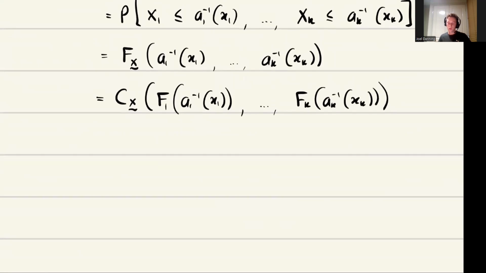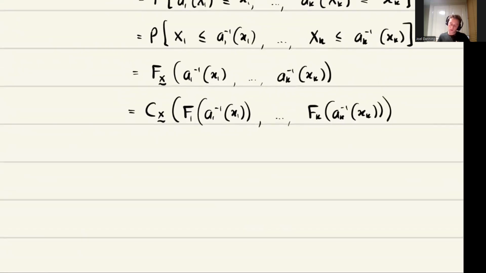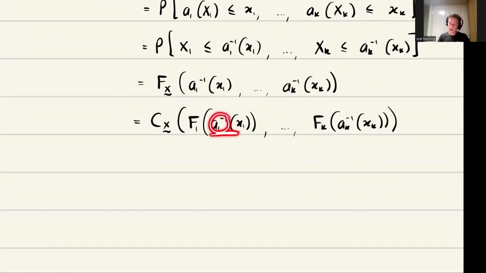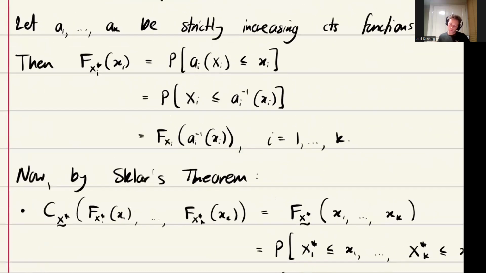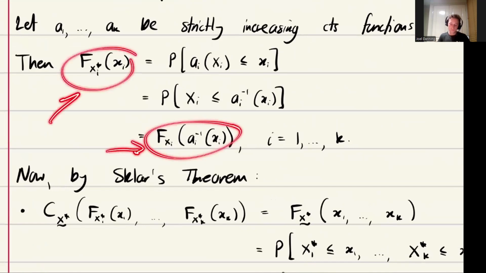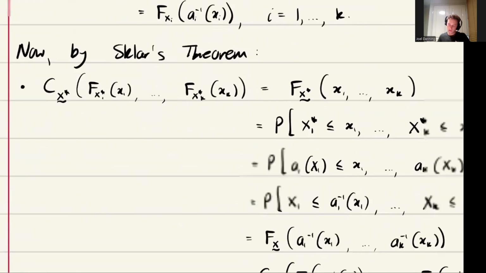Now, if we go back to what we did at the start, we've got the CDF of the original thing at the inverse of a x1. If we went up here, that's exactly what we've got here. And that's just equal to the CDF of our transformed random variable at x.